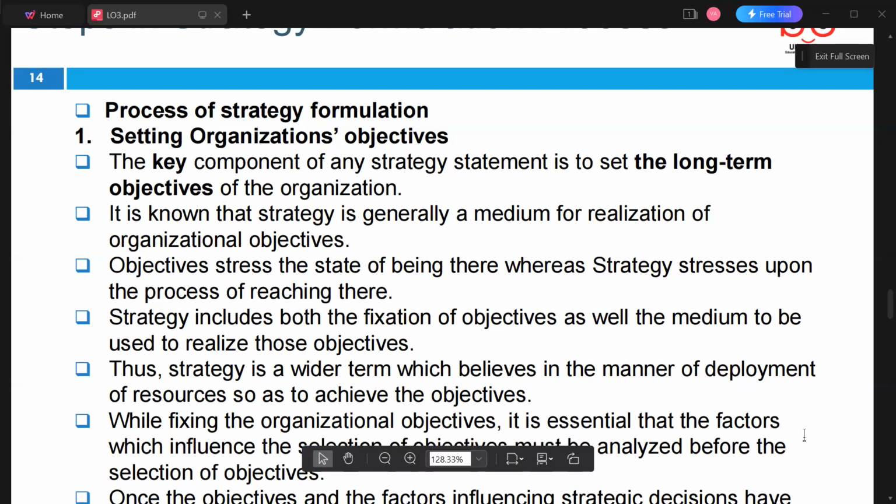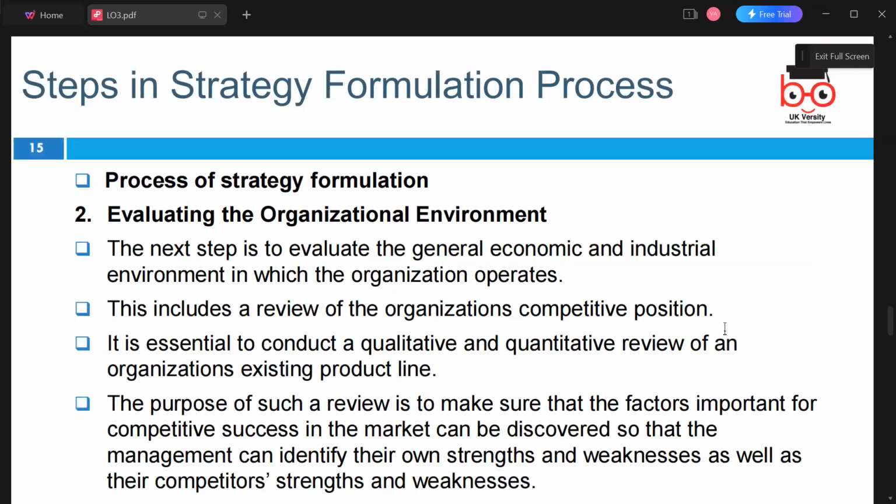So what does this mean? The strategy is a wider term, which we believe is the manner of deployment of resources so as to achieve the objectives. Also, now we have to look into evaluating the organizational environment.